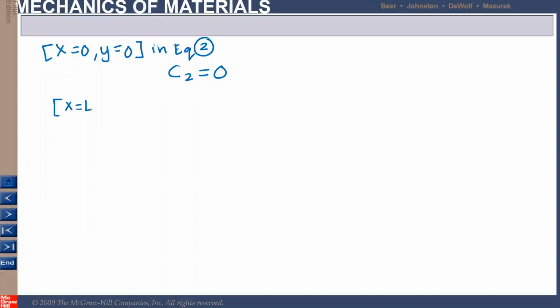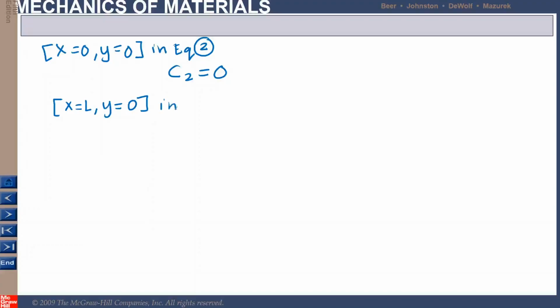If you have done it, we can put the value of x equal to 0, y equal to 0 in equation 2, so you will get C2 is equal to 0. Now we can put the second boundary condition, which is x equal to L, y equal to 0.